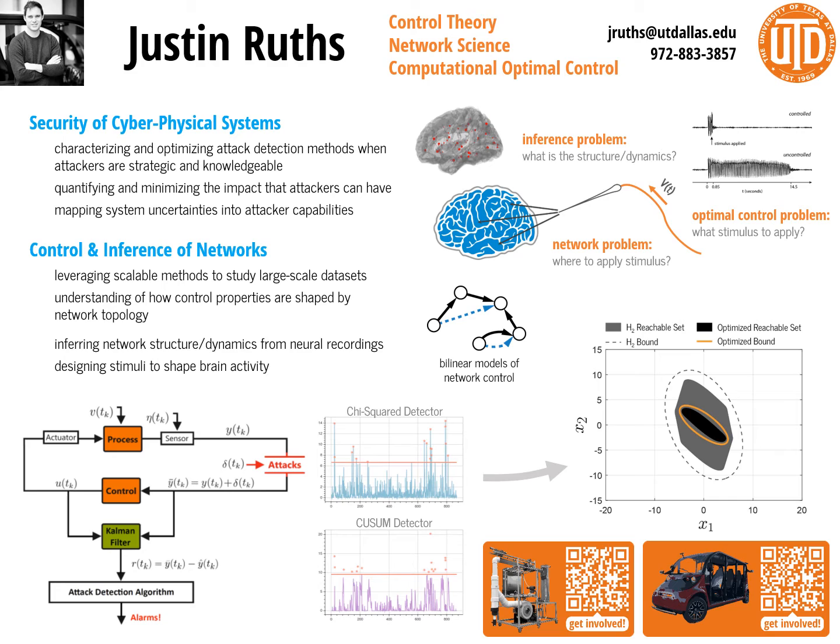Another big theme in our research is on networks, and so there we're really interested again on the control side and understanding how we might leverage structure, because that's really what networks encode, structure of a system, to understand how we might control that.